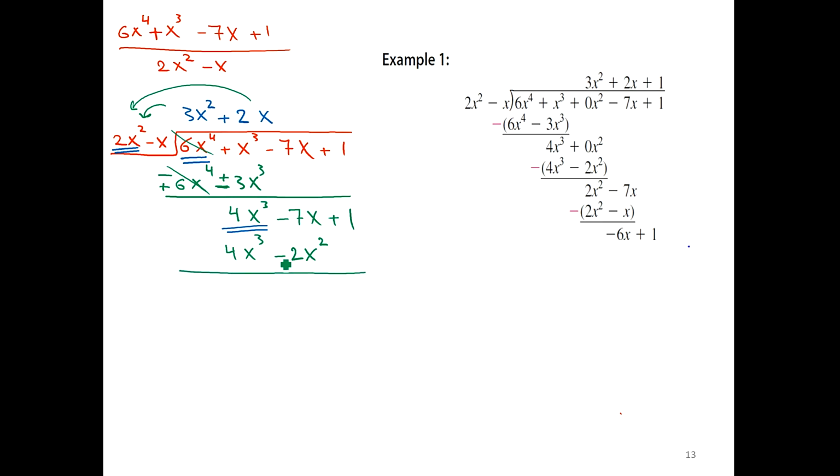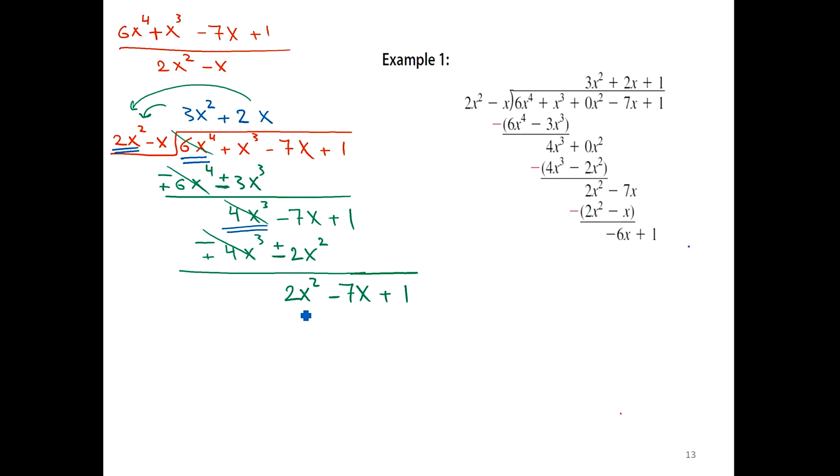Now, this is positive, convert to negative; this is negative, convert to positive. Add, remove the first terms, and we don't have x^2. This is minus 7x. We cannot add minus 7x with positive 2x^2. So put 2x^2 and negative 7x + 1 down, because we don't have a constant term in x.